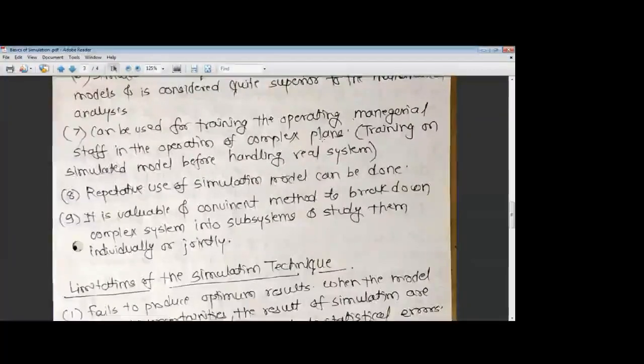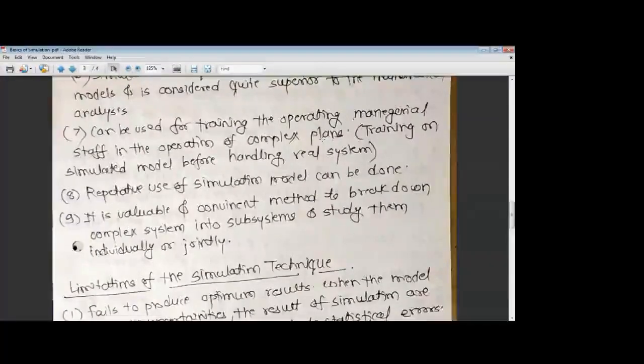The pilot will be sitting in a simulated cockpit, flying a plane in that cockpit without actually flying the plane, right? He will be doing all those operations that a normal pilot will be doing while sitting in a cockpit, just in a simulated way.